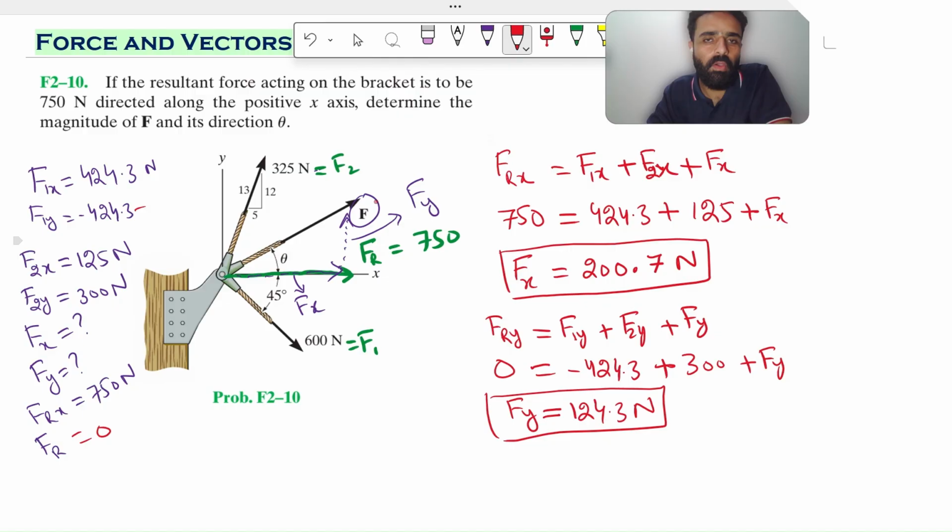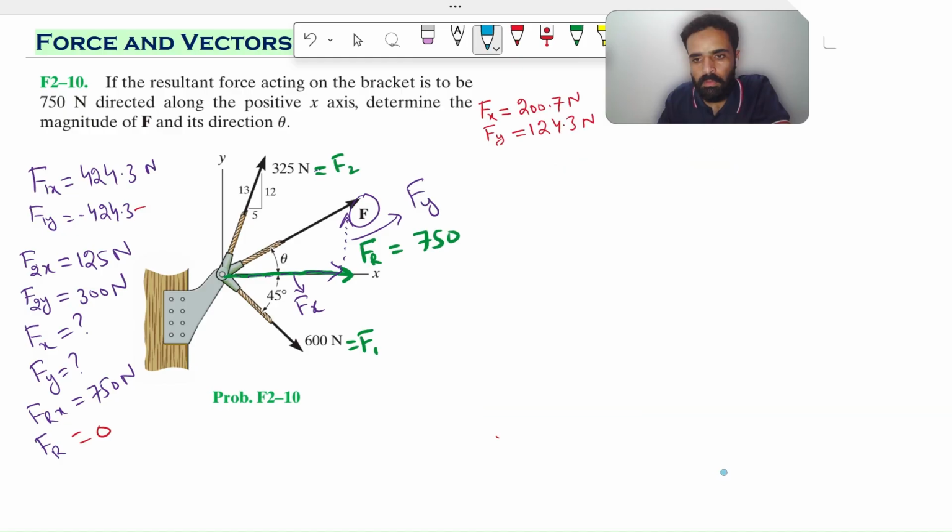Now I will be applying the resultant force formula to get the value of this unknown force. We have the x and y components of the unknown force, so we apply the magnitude formula: F is equal to the square root of Fx squared plus Fy squared. Putting in the values, Fx is 200.7, squared, plus 124.3 squared.